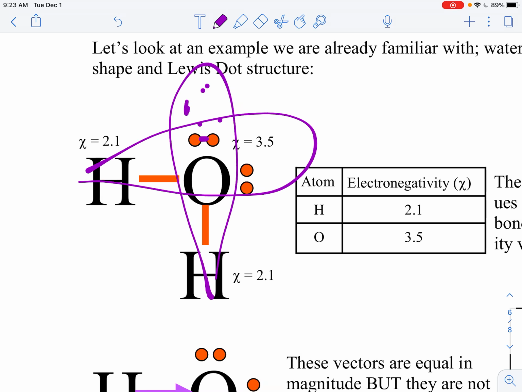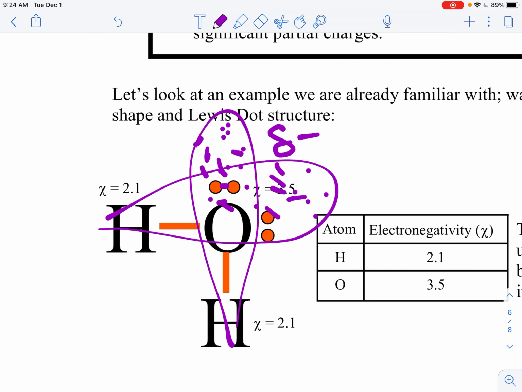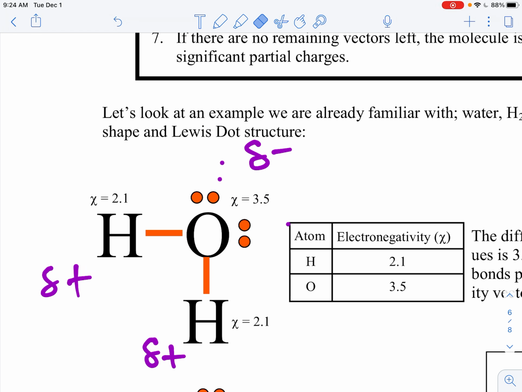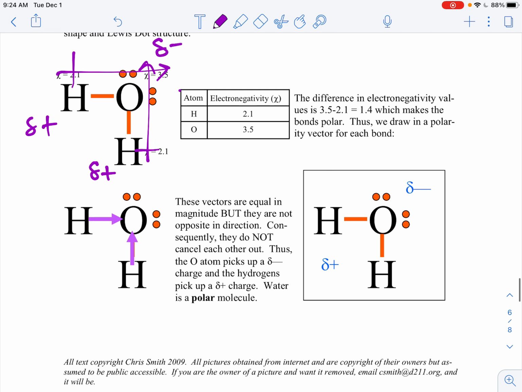And because all the electrons are over here on the oxygen because it got shifted, that makes the oxygen side the partial negative, and it makes each of these hydrogens a partial positive. So in order for them to cancel out, they have to be exactly opposite of each other, and they are not. They both push over to the oxygen there. So this guy is considered to be a polar molecule.